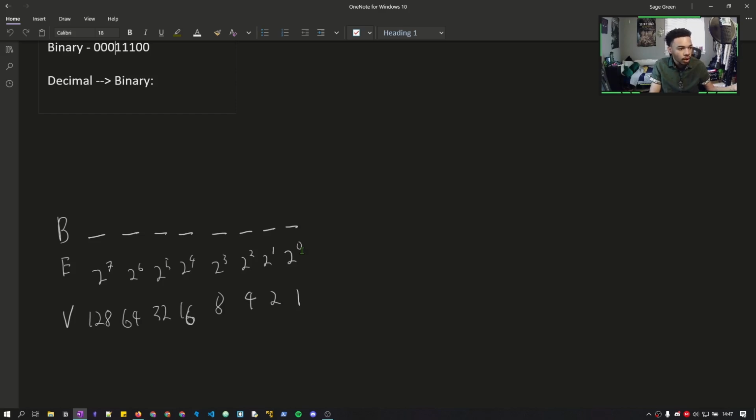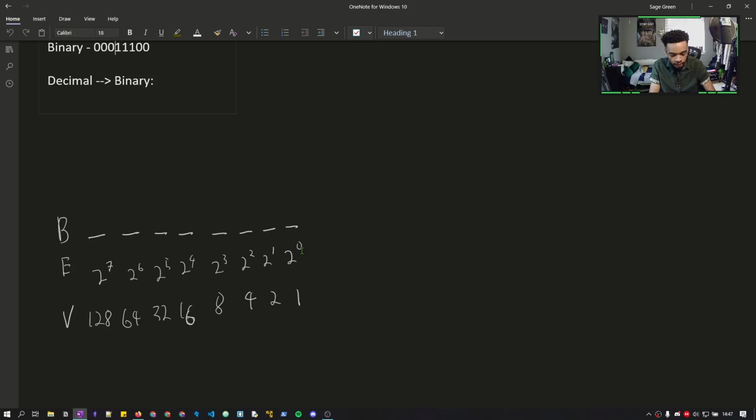Now, each bit we can see has a value. This bit right here has a value of 128. The first bit all the way at the end has a value of 1. So now we can use this system to represent virtually any number. Let's take our number 28 from the beginning.